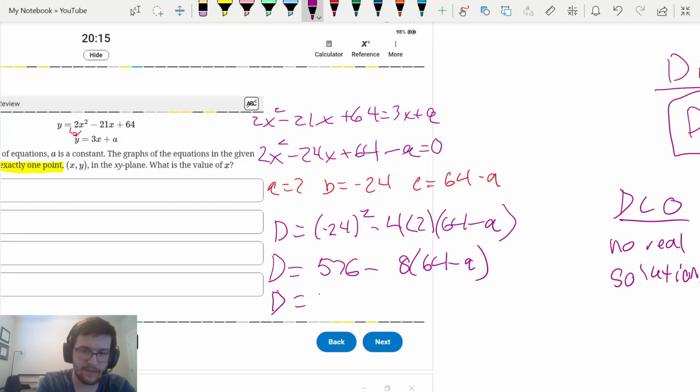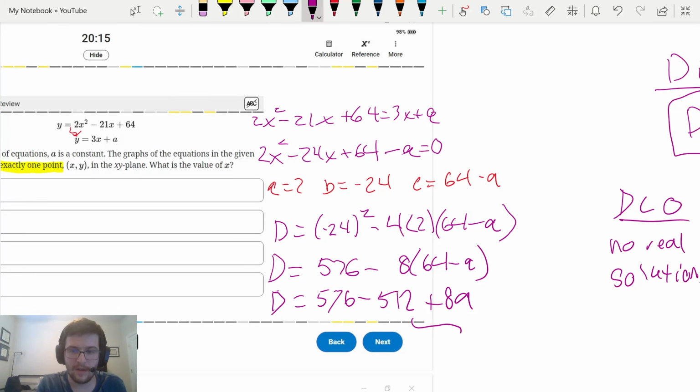So we get d equals 576 minus 512. And then negative 8 times negative a, that's plus 8a. So 576 minus 512 is 64. So we get 64 plus 8a.